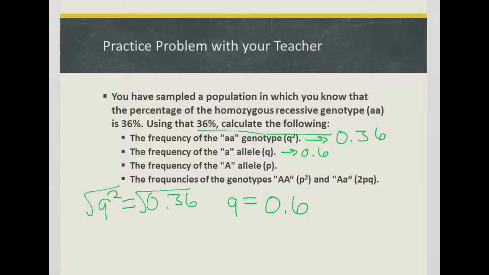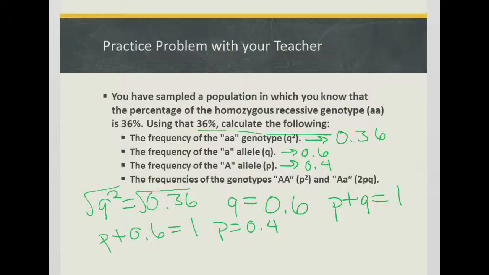Now I want the frequency of the capital A allele, which is p. I know that p plus q equals 1, and if I substitute in q, I have p plus 0.6 equals 1. So p must be 0.4.